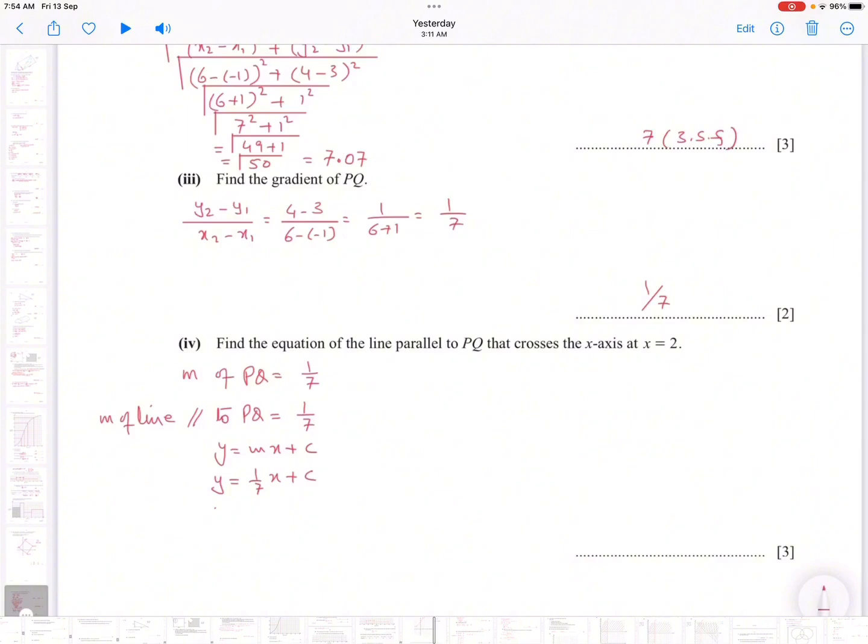So you can write 1/7 for m, and then try to find c. Because it crosses the x-axis at 2, put the value of 2 in x and solve it to find c. So your c is minus 2/7, and your equation is y equals 1/7 x minus 2/7.